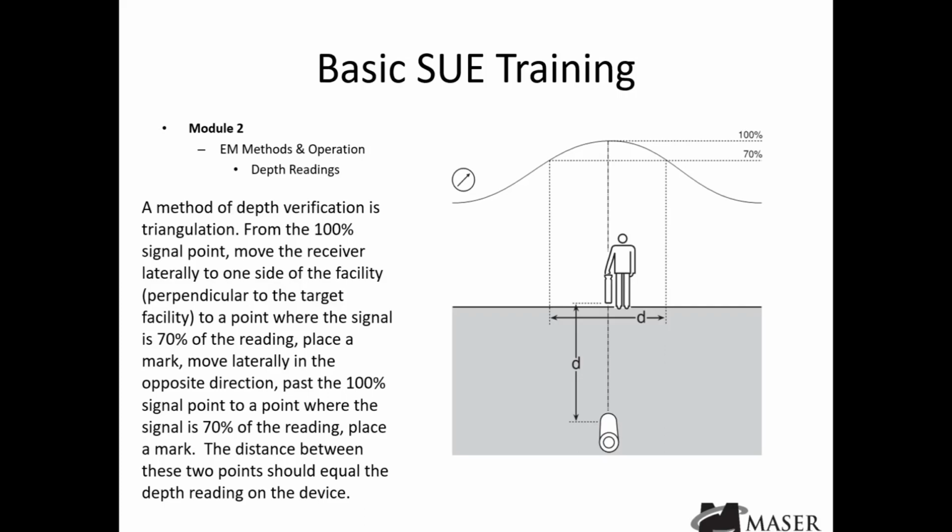If the 100% value was 1,000, we move laterally until that signal is 700, and we put a mark on the ground. We move back towards the center of that signal, back to our 1,000 number, and then move laterally in the opposite direction until we get to 700. And we put another mark on the ground. That distance between the 2 marks that we placed on the ground should be equal to the distance that your receiver tells you the depth is from the surface to the facility.